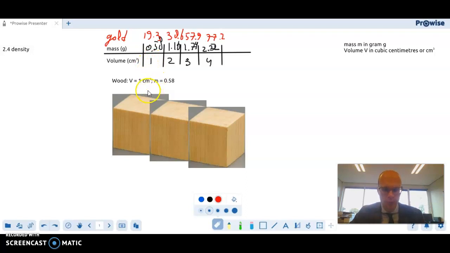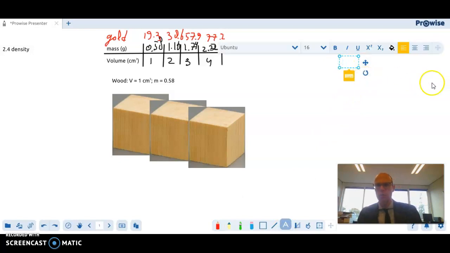And that number, if we divide the mass with the volume, it's called the density. How dense something is. The denser it is, the more closely packed together, the bigger the density. And the density is always the mass over the volume. That is by definition.